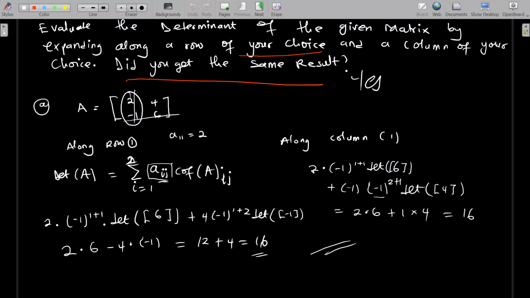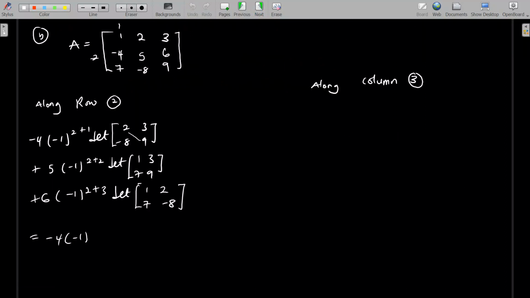If you look at it very carefully, this was 2 times 6 minus 4 times -1, and that's the same thing as 2 times 6 minus the product of these two. So it also happened in this one as well. When you use that general definition, this determinant will be 2 times 9 minus 3 times -8, and that is plus 24.